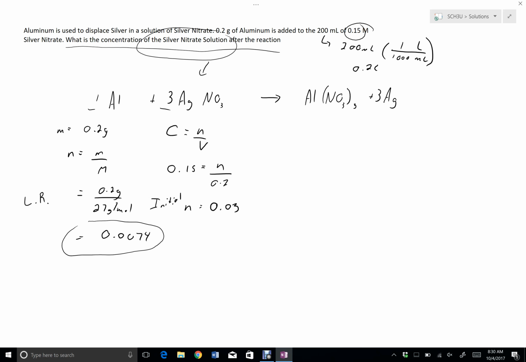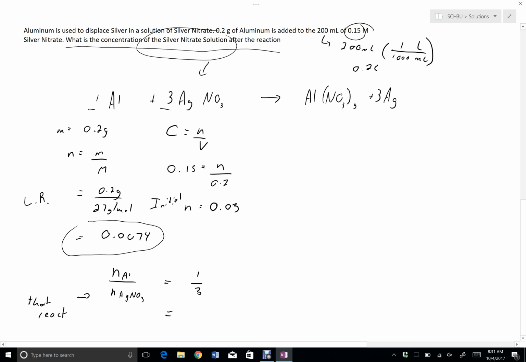So this is a 1 to 3 ratio. So my moles of aluminum in comparison to my moles of AgNO3 that react is in a 3 to 1 ratio.